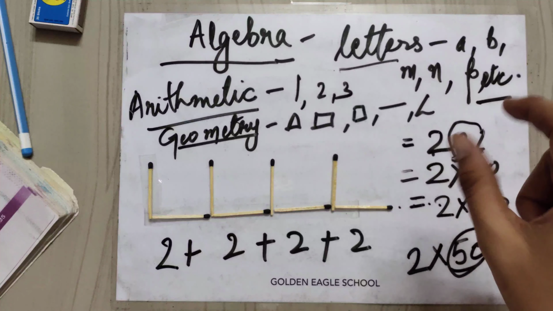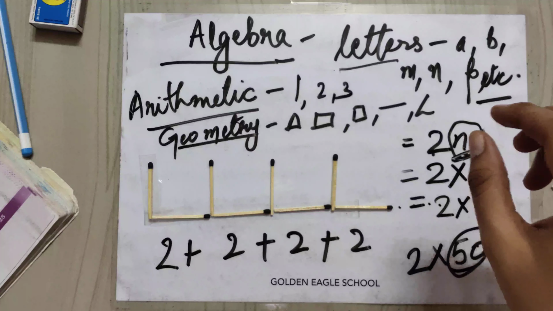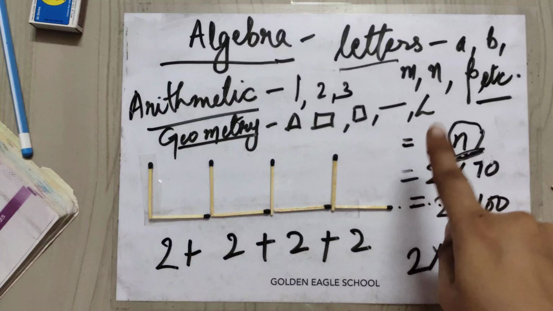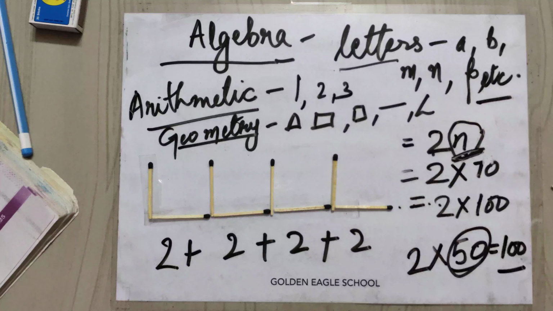For example, to find the number of matchsticks used in 25 L's, we multiply 2 by 25. So n is used as a substitute here. This was about forming an L. I hope you have understood this. Now we'll move on to the next example.